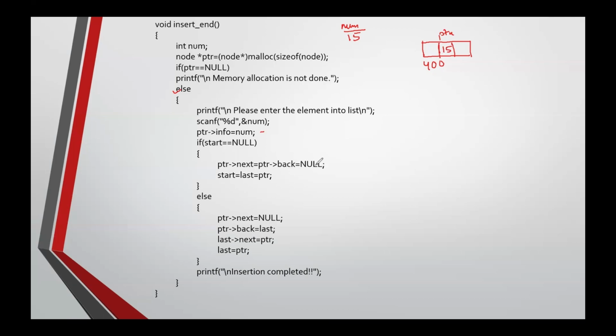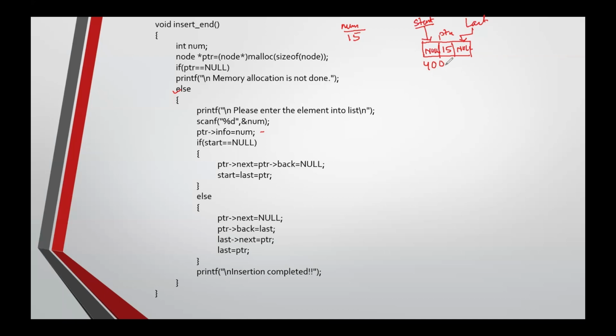First it stores the back: PTR back is null, and this is null. Then start equal to last equal to PTR. What is PTR? 400. So start stores 400, and last also stores 400. So this is over. Whenever we call the insertion function at end, we enter the value 15 and the node is created.